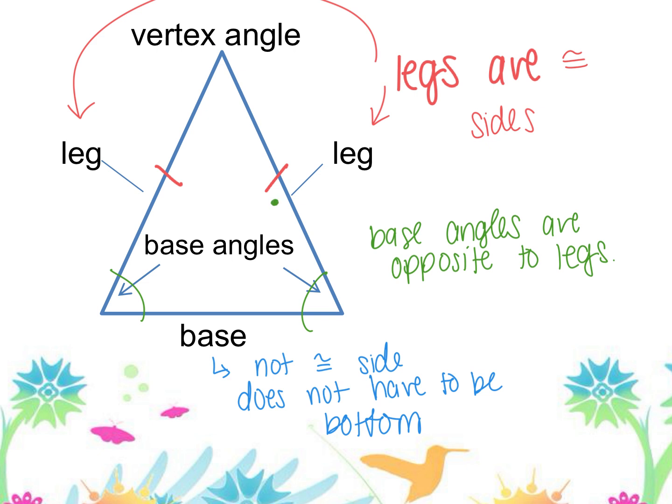Here are my legs right here. This angle is opposite my leg. So it's pointing towards the leg. Something you should also know is your base angles are congruent. So if your legs are congruent, your base angles will also be congruent.